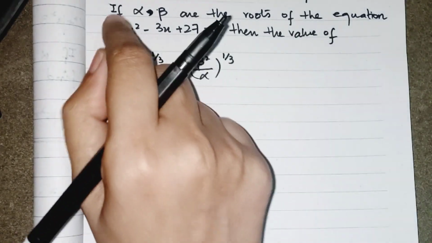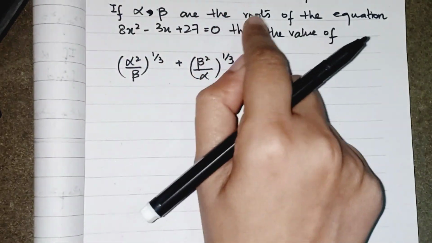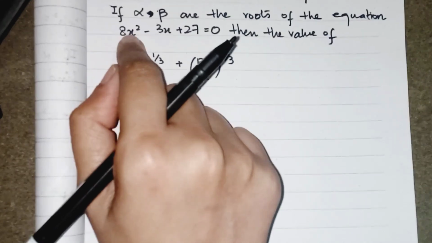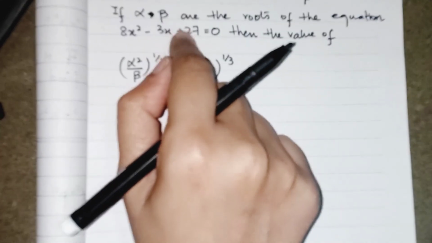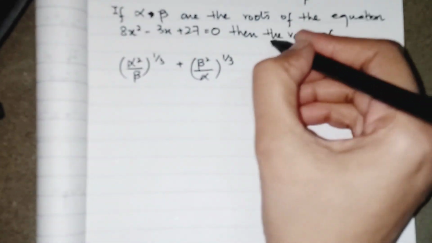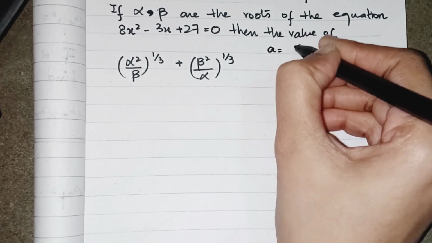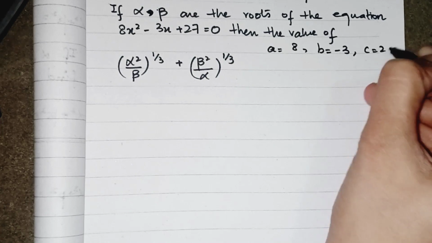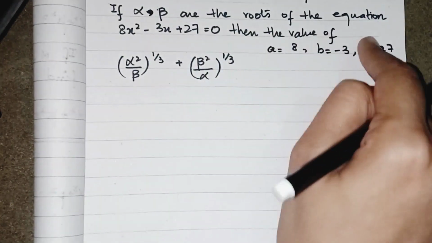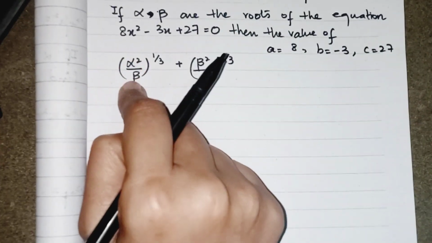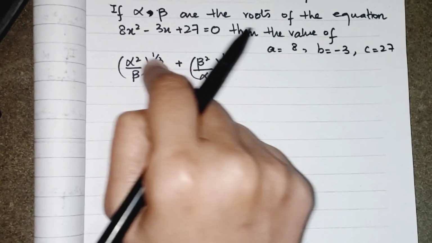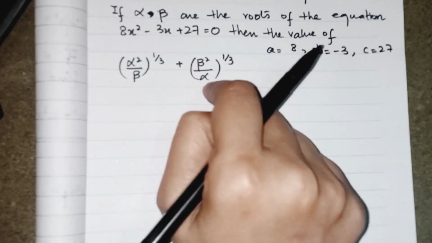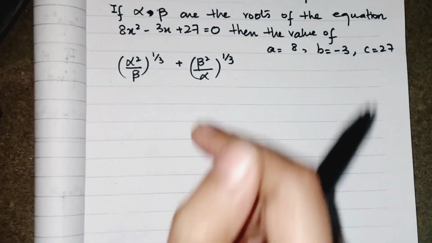If alpha and beta are the roots of the equation 8x square minus 3x plus 27, in which we can say that a is equal to 8, b is equal to minus 3 and c is equal to 27, then find the value of (alpha square upon beta) whole power 1 upon 3 plus (beta square upon alpha) whole power 1 upon 3.